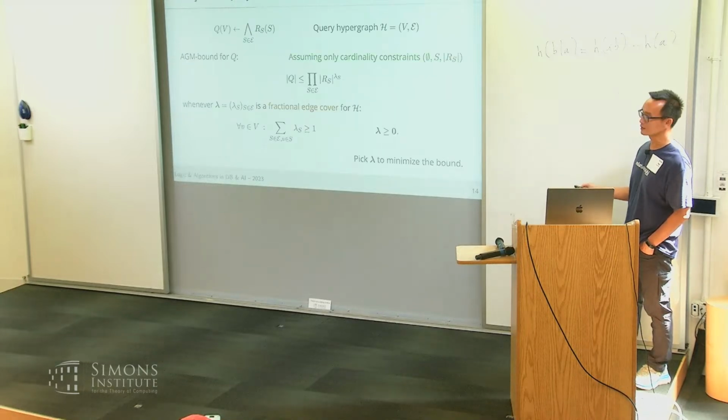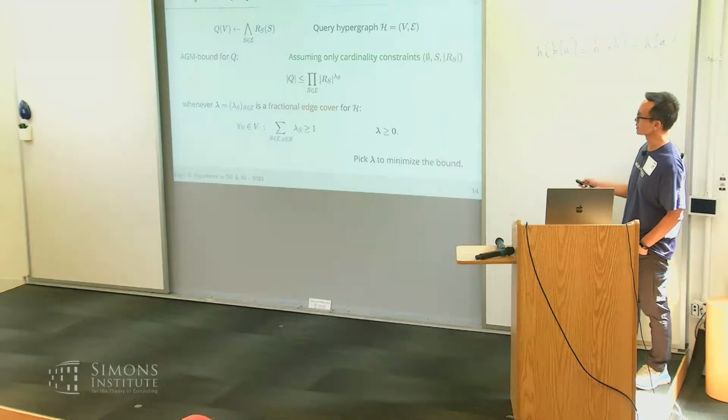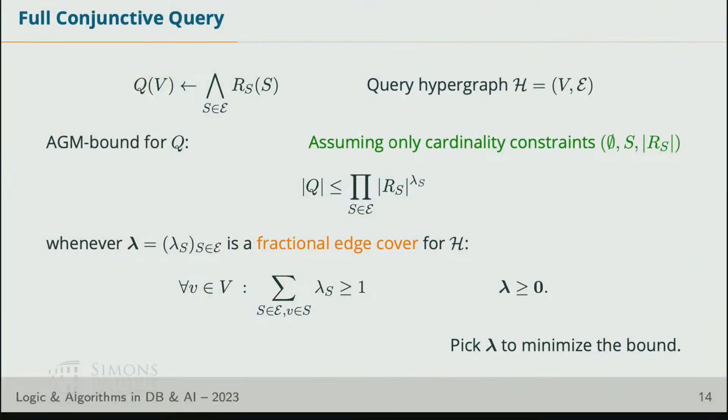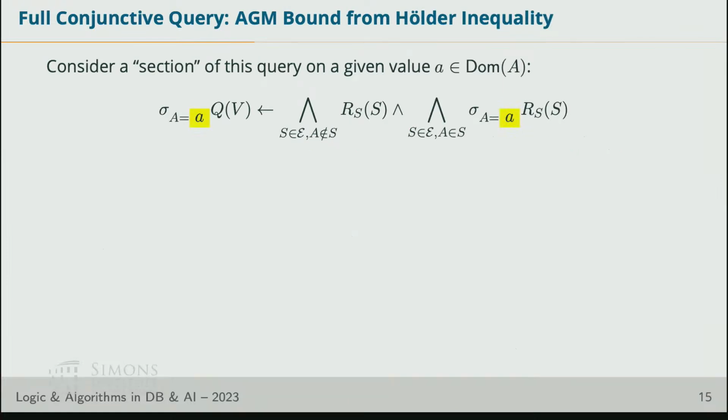Okay, so the general algorithm follows precisely the same script. We take the fractional edge cover; there's one lambda for every relation in the input. Then you can condition on the value of one variable, so you are partitioning the query into two parts: the parts that depend on the variable, and the parts that do not.